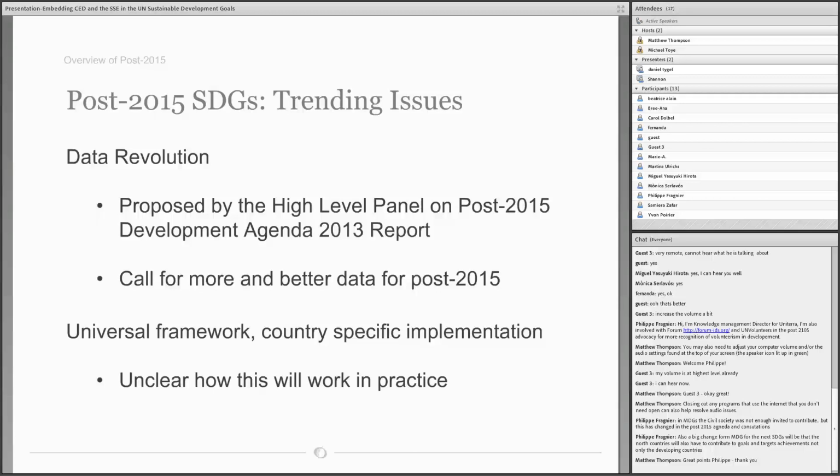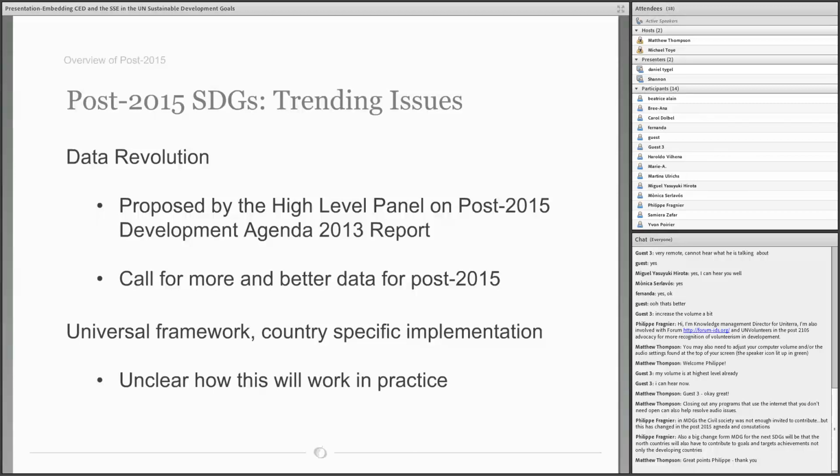And this idea has taken off. If you type data revolution into your Google search engine or whichever engine you use, you'll see tons of documents and blogs and people talking about this. Regardless of what happens with the Sustainable Development Goal agenda, I think there's a recognition that building statistical capacity in developing countries, improving how we use information, and improving accountability by making information more accessible is important in its own right.